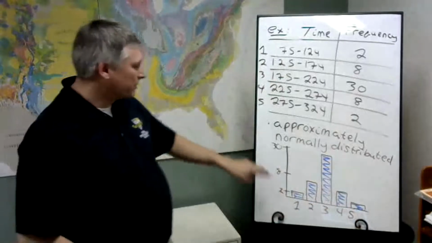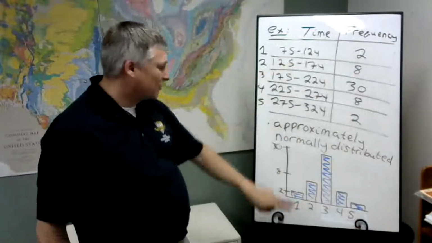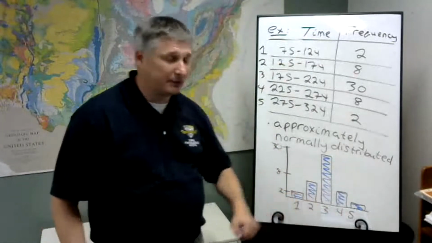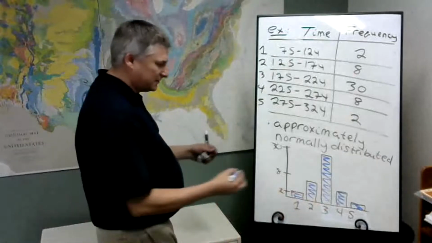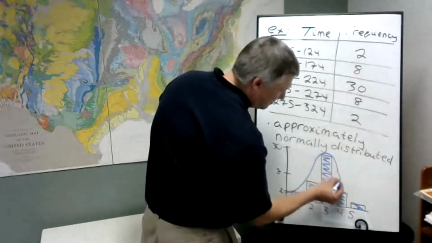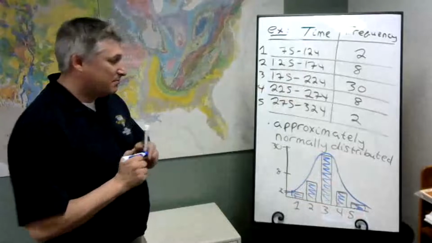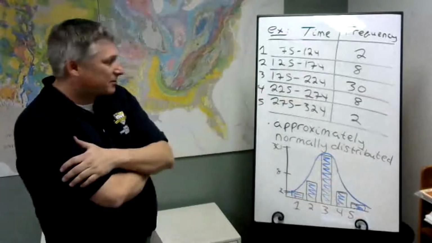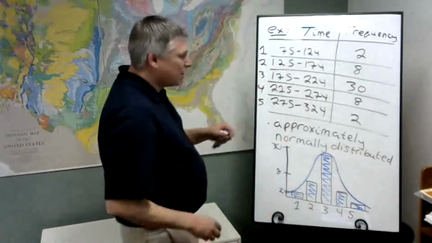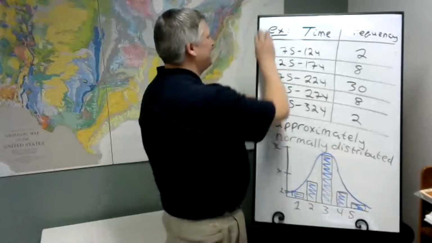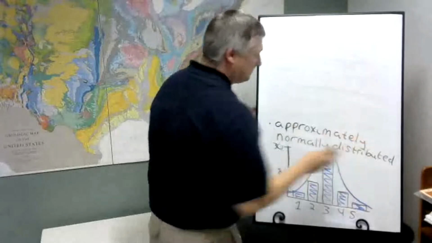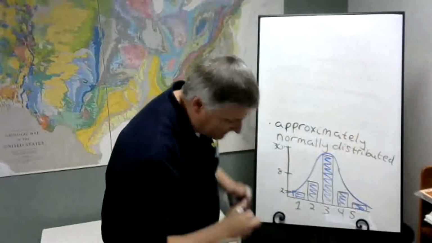Usually I'd want to write the interval here, like 75 to 124, but for space reasons, I'm just using this alternate labeling. But the thing we're going to notice is it has what's sometimes referred to as a bell shape, or a bell-shaped curve. This is very characteristic of a normal distribution. And it's approximate, it's close enough. With real data, you're not going to get a perfect fit, usually not, as the author says.